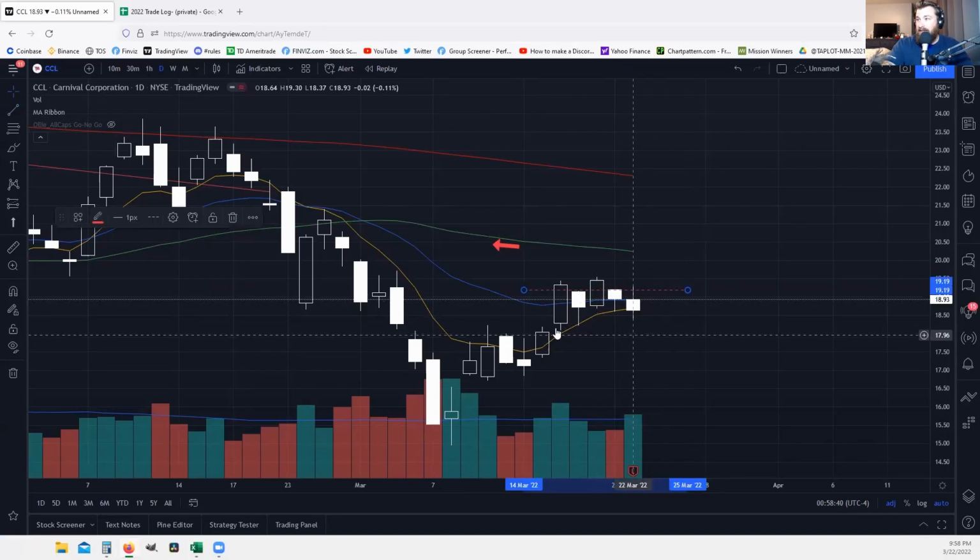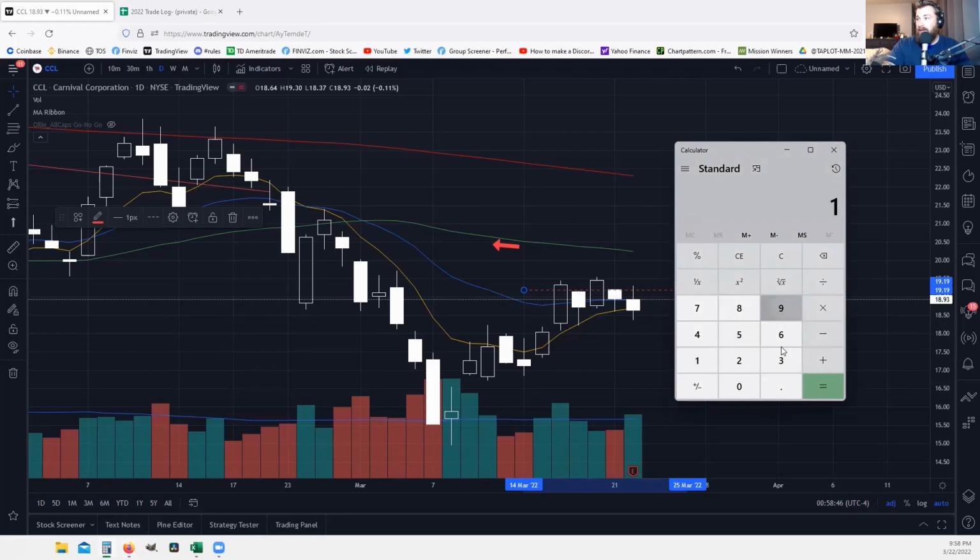It'd be 19.19, and then the low of the day would be 18.68. So you go 19.19. That's the entry price. Low of the day, which is what you want to risk, was 18.67, is 52 cents.